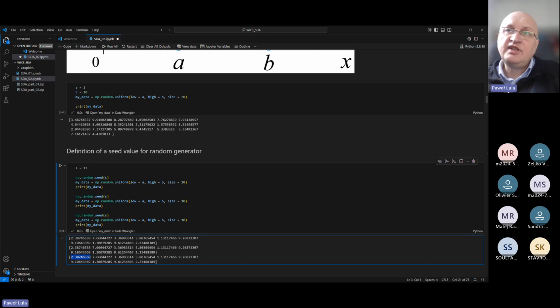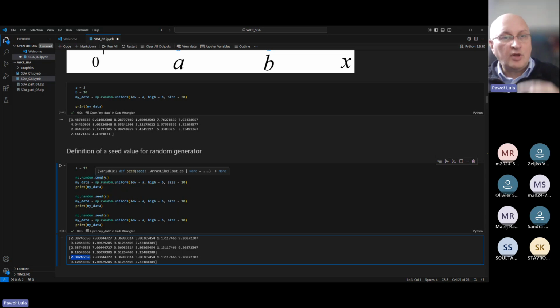Then the series which will be generated will always be the same. Here, I showed you this mechanism using uniform distribution, but it works for every type of distribution. Please remember about this seed.